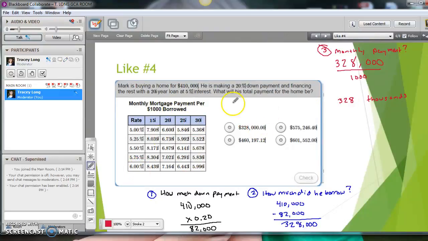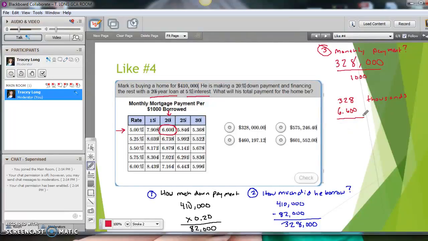Okay. So then I'm going to go over here to my table, and I know that he has a 20-year loan at 5%. So I'm going to go to my 5% row here and my 20-year column here, and I'm going to find that he pays $6.60 per thousand per month. So I'm going to put 6.600, and I got that value from the table.